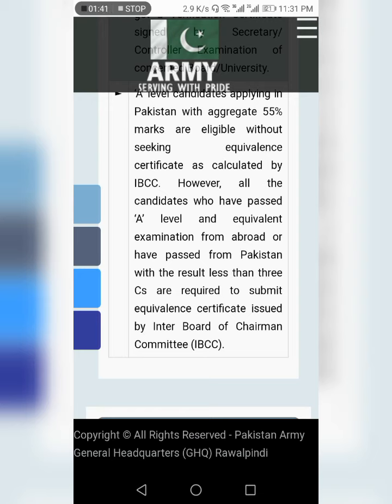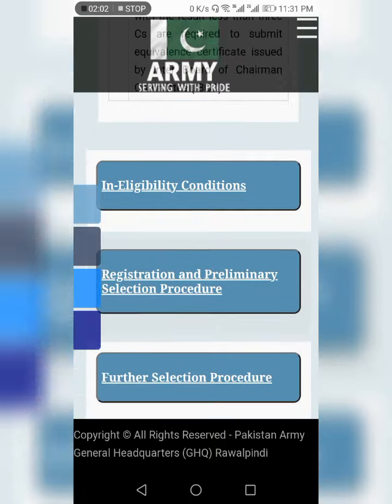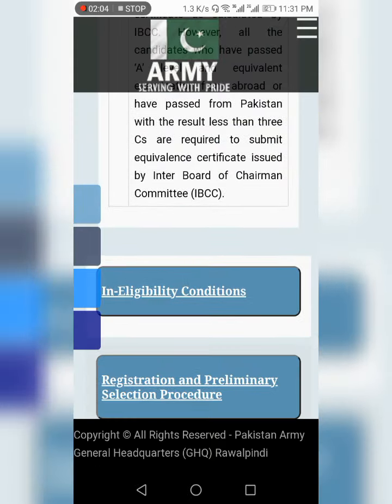A-level candidates with less than 3 Cs must submit their certificate to the Inter Board Committee of Chairmen.